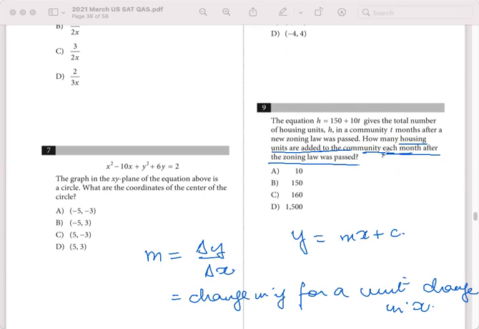So when we talk about each month, we are talking about a unit change in x value, right? So in this question, h is the y variable and t is the x variable. So the right answer for the number of housing units added each month is 10, because that is the slope, option A.